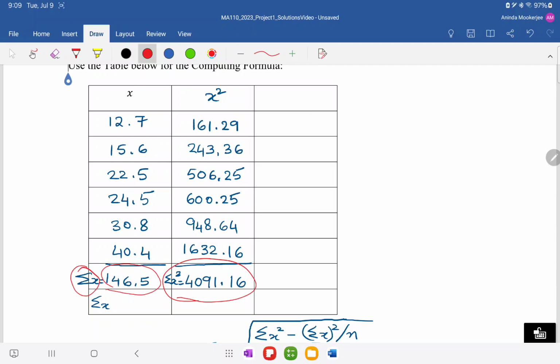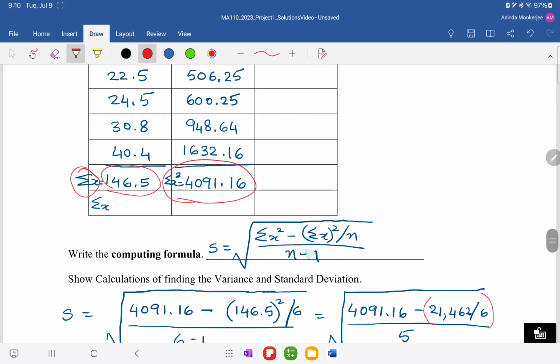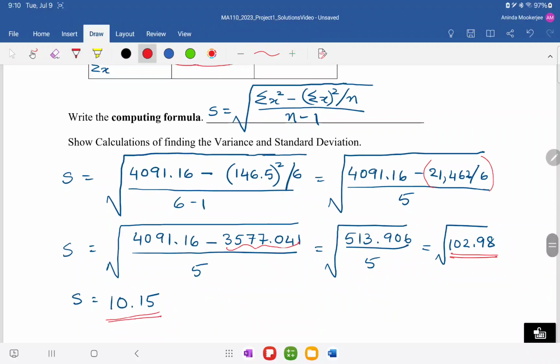So if any of you will take statistics 2 in the future, then you will have to see this formula applied in several situations. So that's the reason I like to introduce this and have my students learn the computing formula.